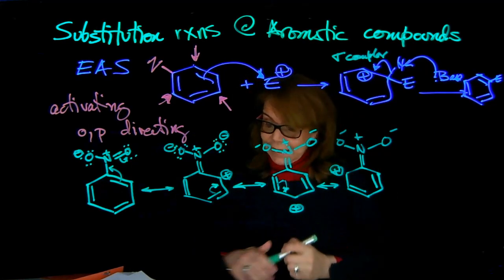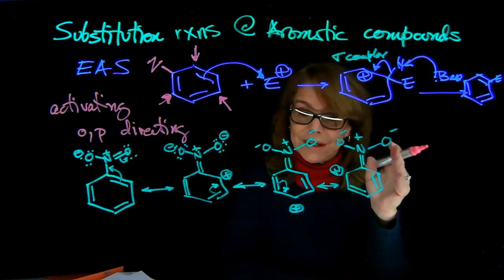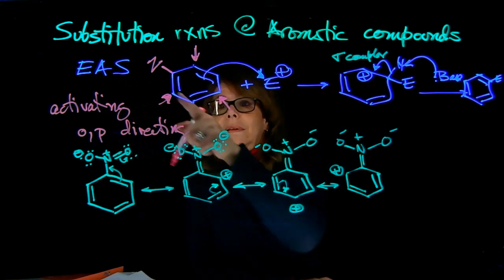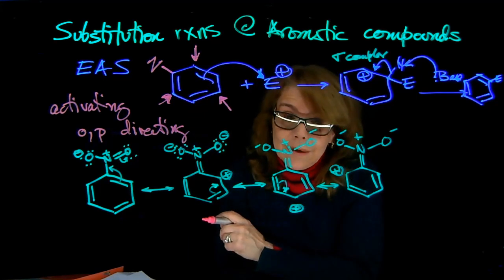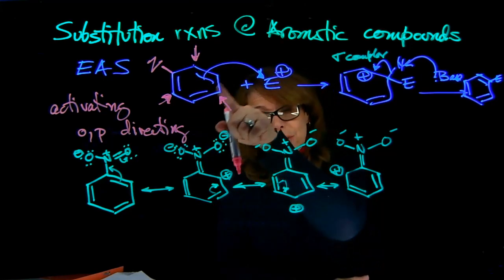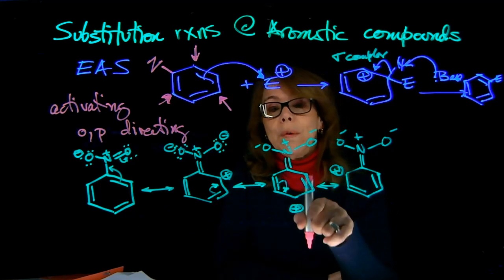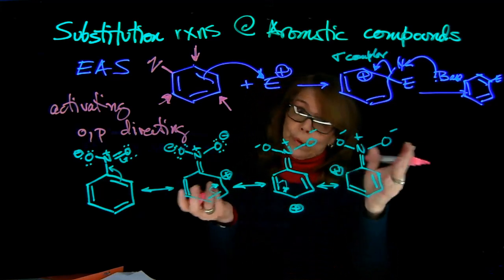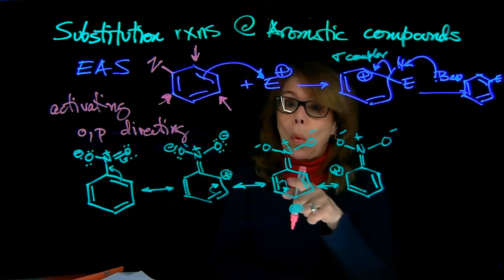What that means is that the aromatic ring now has less electron density. And recall that this is a nucleophilic attack. The aromatic ring, so the pi electrons, act as the nucleophile over to the electrophile in that reaction. So if we make this poorer, let's say, in electron density, we're making the nucleophile weaker.